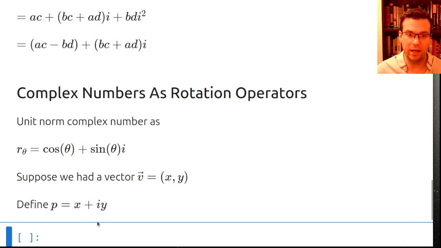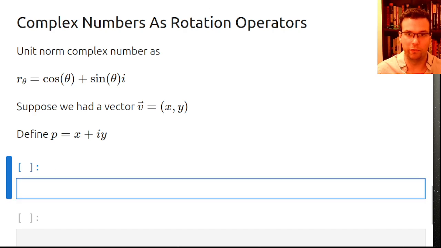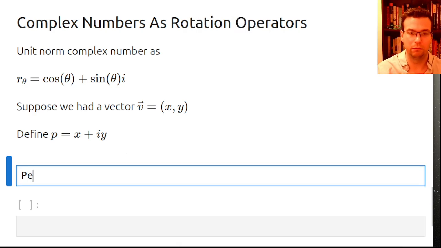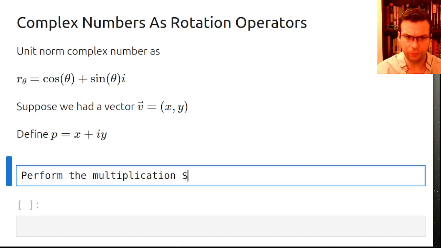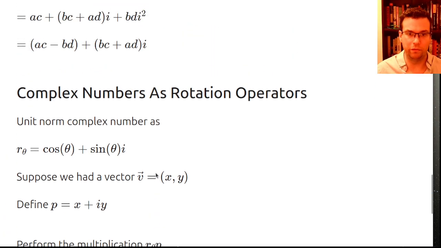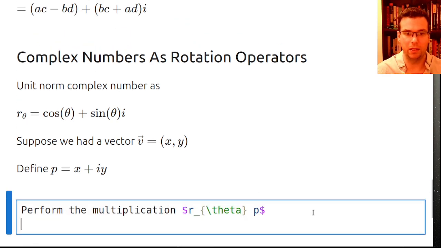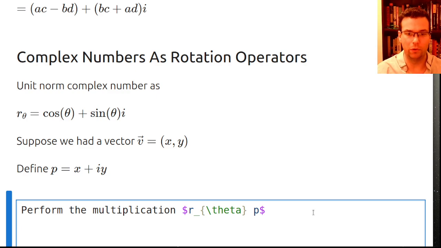So let's go ahead and now let's do the multiplication. So now we'll perform the multiplication, r theta times p. Okay? So I'm just going to follow this formula here. So r theta times p is, okay, so a, let's look at the real part.